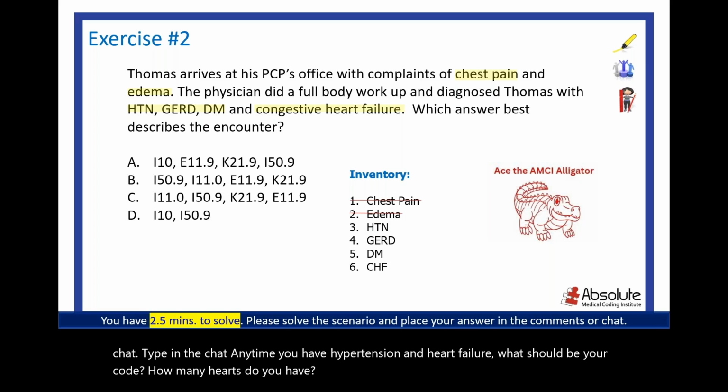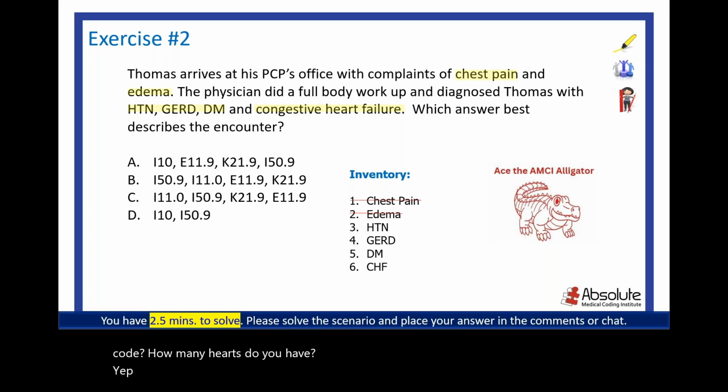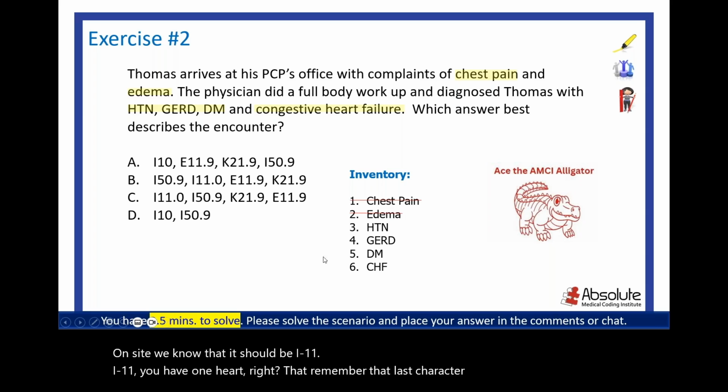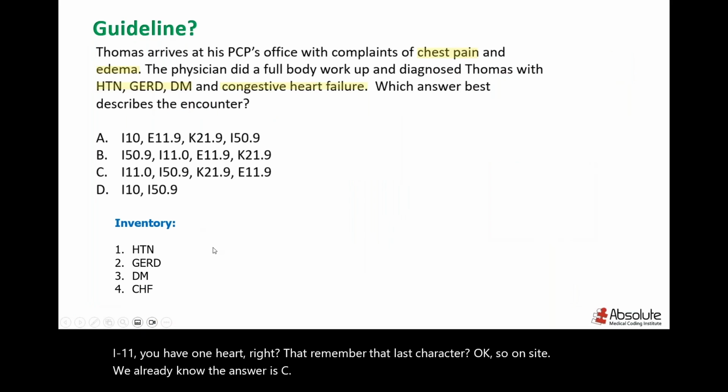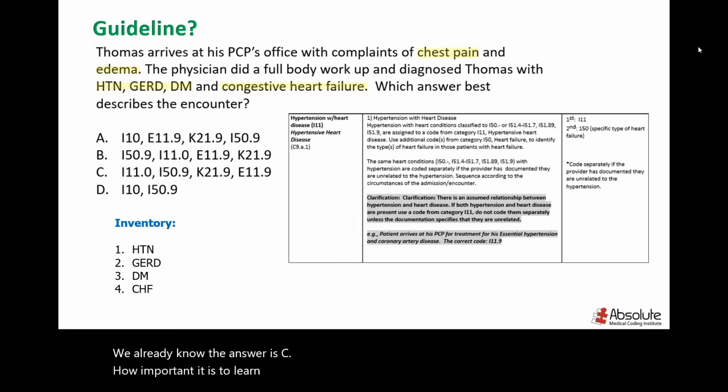Yes. On sight, we know that it should be I-11. I-11, you have one heart, right? Remember that last character? Okay. So on sight, we already know the answer is C. See how important it is to learn those? Yes, when you're taking this multiple choice exam, indeed.